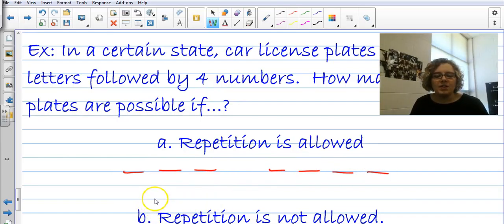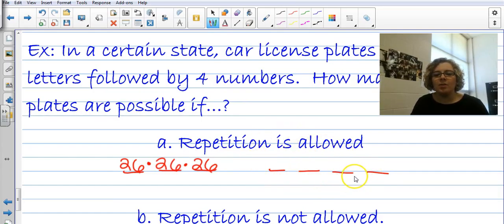In this first spot, you're picking from 26 letters to choose from, times, you're allowed to repeat, so there's 26 and 26. Why is there 26? Because there's 26 letters in the alphabet.